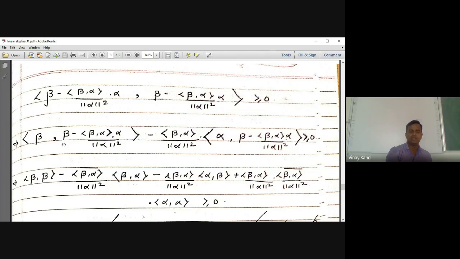Okay, the inner product of beta beta here, minus this scalar value, here beta alpha bar. Why bar? Because beta alpha is on the right side of the inner product, so it comes outside with a bar. So the inner product of beta alpha bar upon norm alpha square, and this is the inner product of beta alpha.